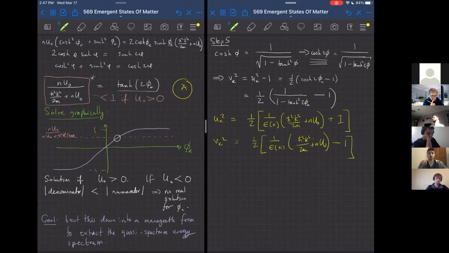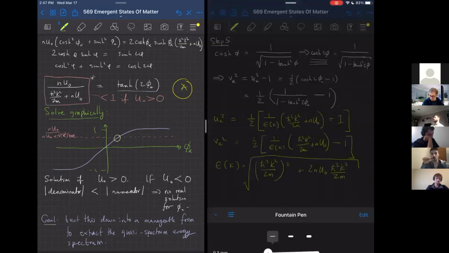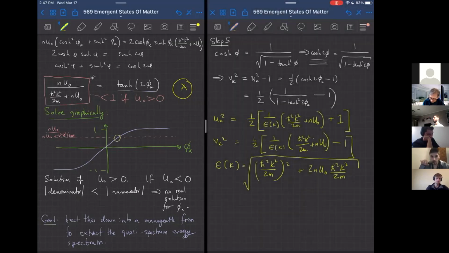And what I have for this function epsilon of k is the square root of (h bar squared k squared over 2m) squared plus 2n u naught h bar squared k squared over 2m, and all of that square rooted. So this is the result for what these quantities actually are.